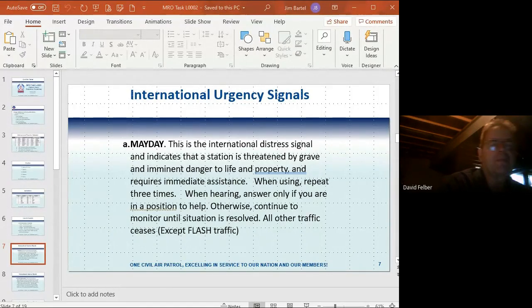We're all familiar with Mayday probably on the aircraft frequency 121.5. When would you use it on a CAP frequency? This becomes important if you're in a CAP van and you're involved in an accident. There's a lot of other people around you probably. Would you get on your radio and say Mayday?